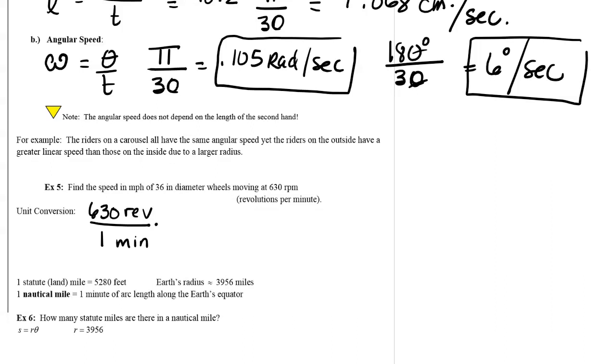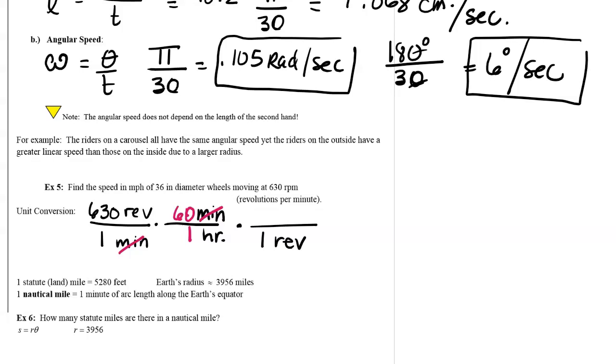You can either start converting your revolutions or your minutes. I'll start with my time. Again, you want minutes to cross cancel, and minutes are going to go to hours. You know that the ratio is there are 60 minutes in 1 hour. So now your minutes are going to cross cancel. The next thing we're going to do is multiply by, we want to get rid of revolutions. In 1 revolution, now a revolution is a circumference around the circle.